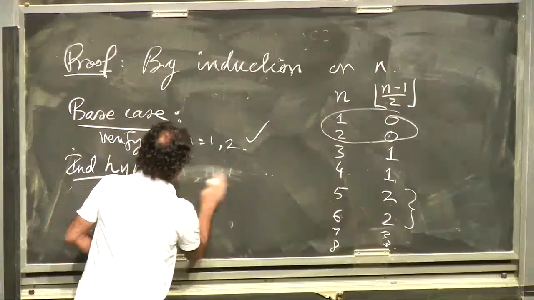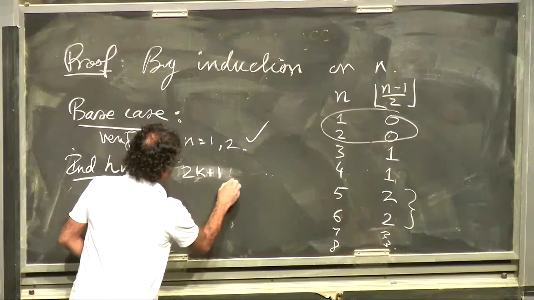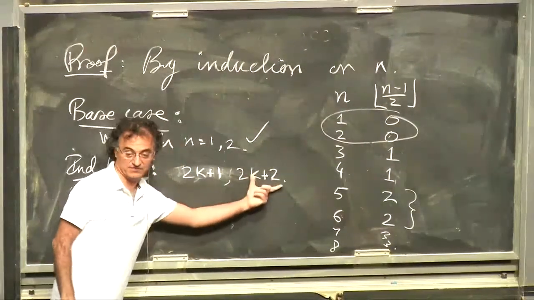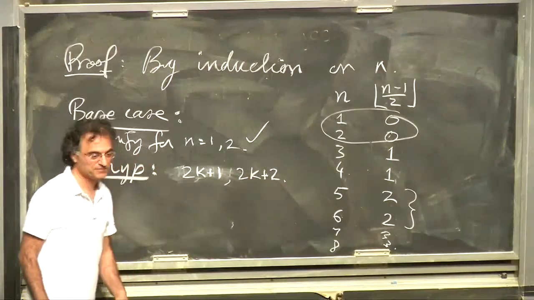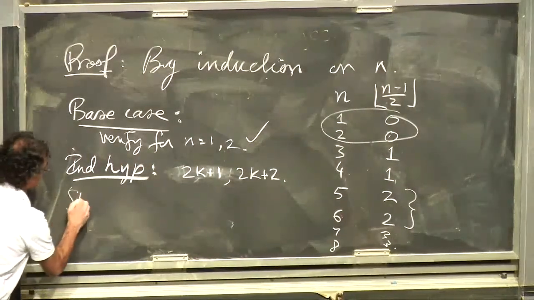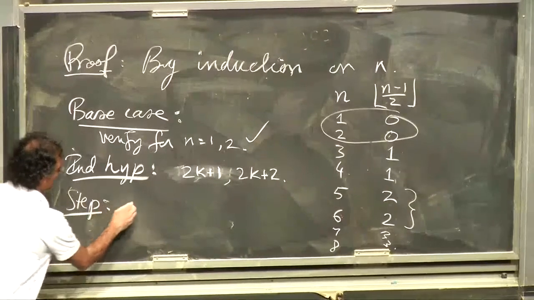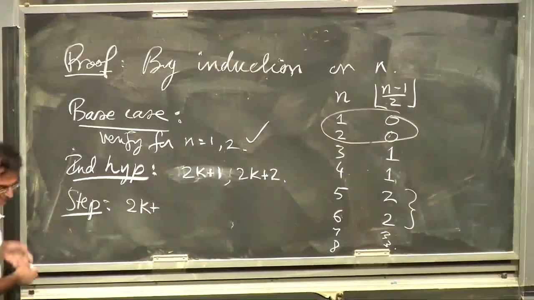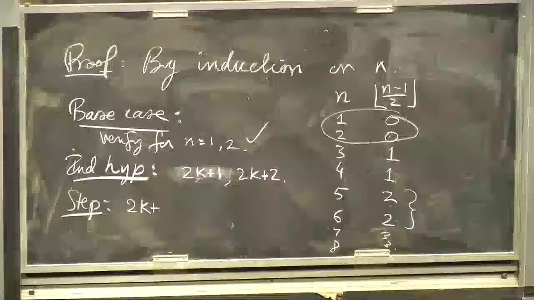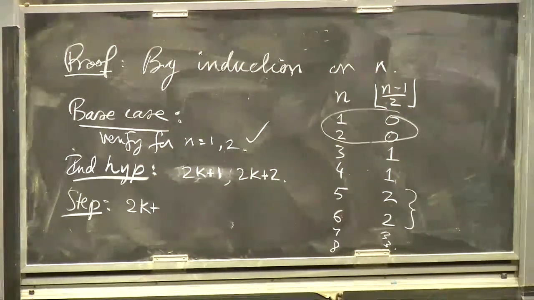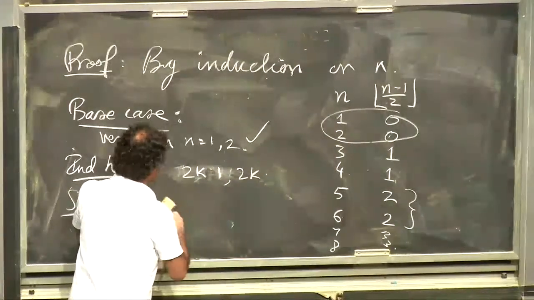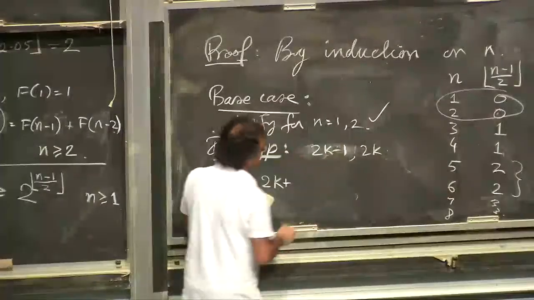So let's say it holds for 2k minus 1 and 2k.